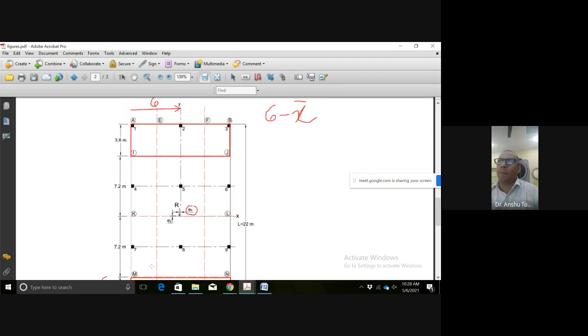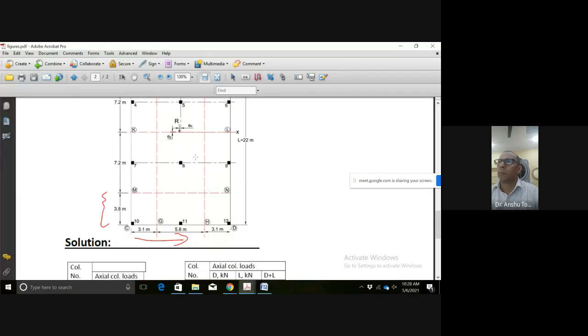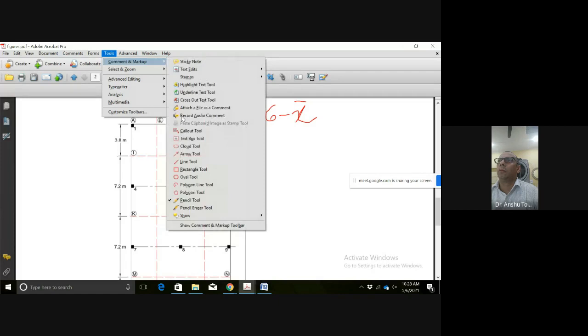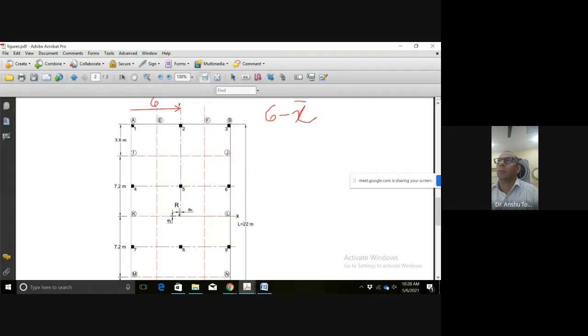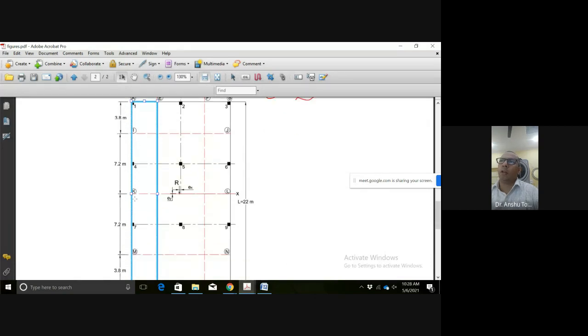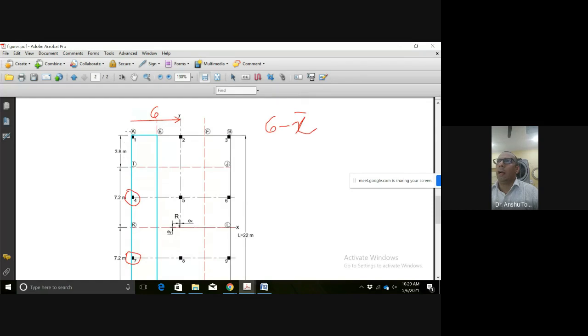So for the first strip, the long strip, we have the column numbers 10, 7, 4, and 1.